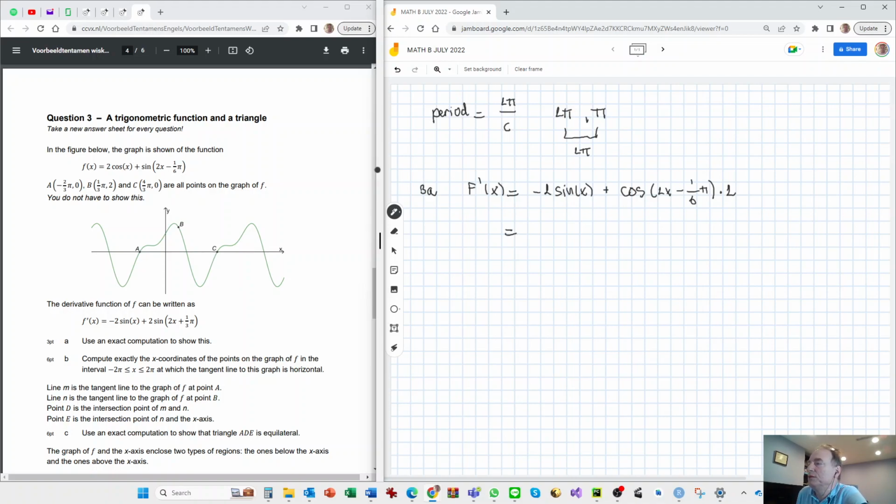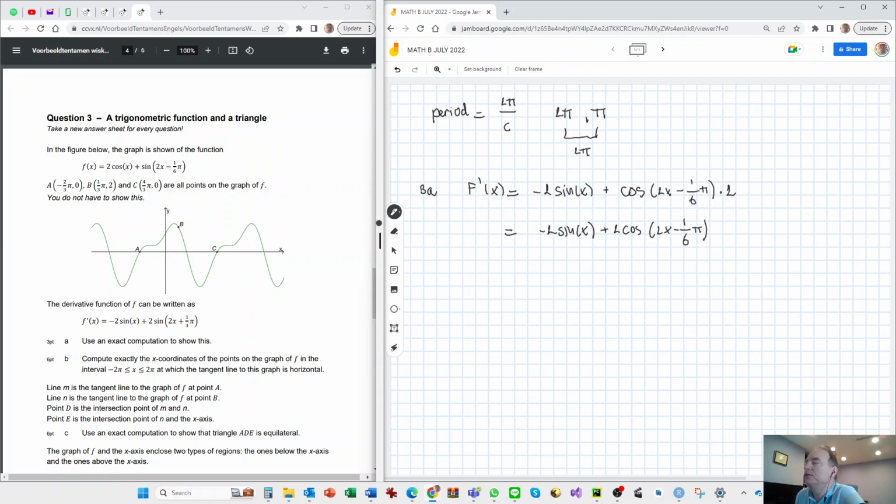So let me just rewrite it a little bit. And they already give the answer, so we have to somehow show that this is equal.